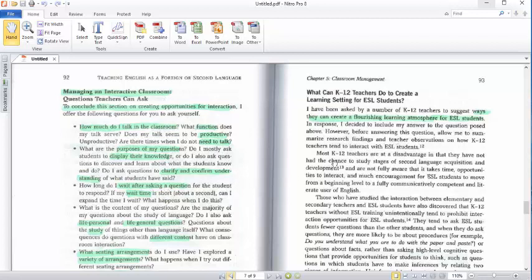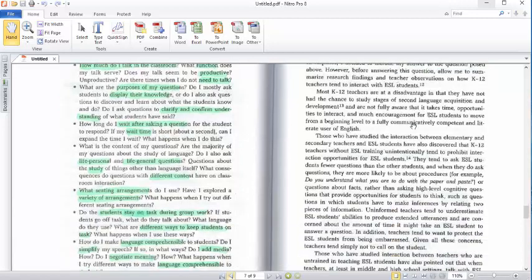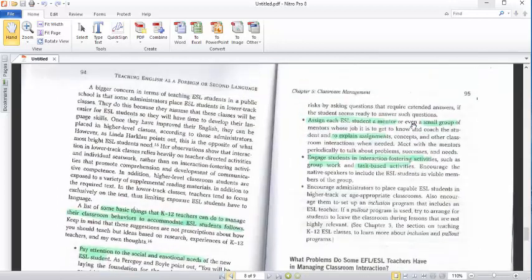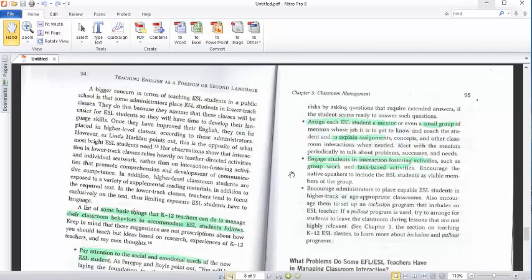On another page, the question is what K-12 teachers can do to create learning settings for ESL students. Here we have different ways to give them opportunities for learning. Here is a list of some basic things that K-12 teachers can do to manage their classroom behaviors to accommodate ESL students.